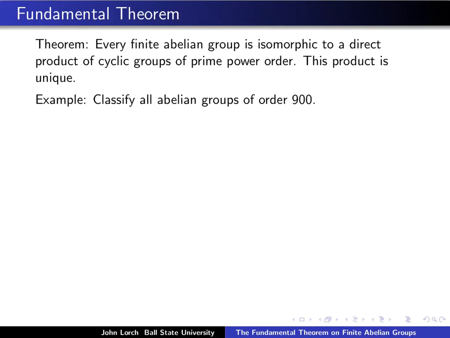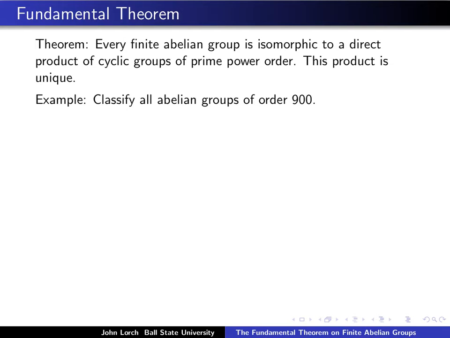So what that means is that the sort of analysis that we've been doing on the previous slides could be done really to any finite abelian group. So to emphasize that, let's do this example where we're going to classify all abelian groups of order 900.